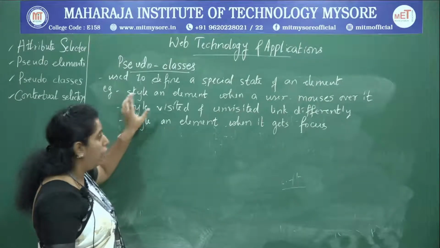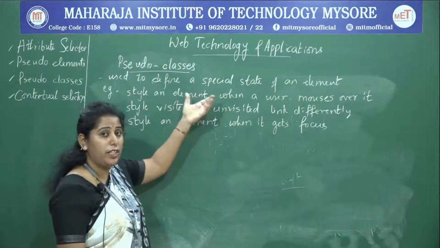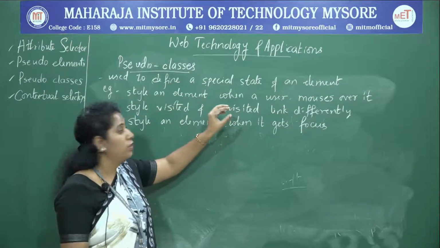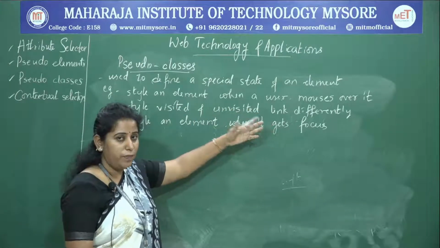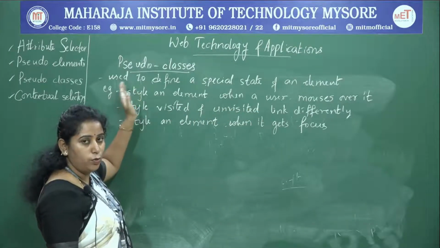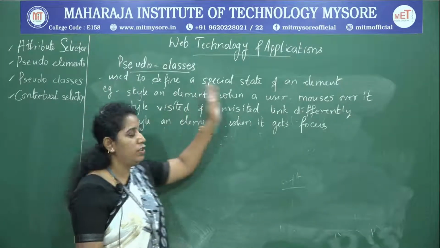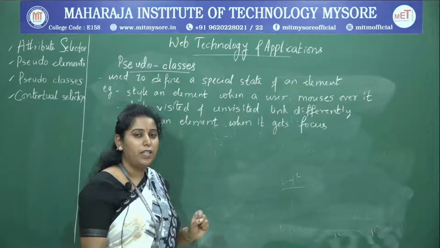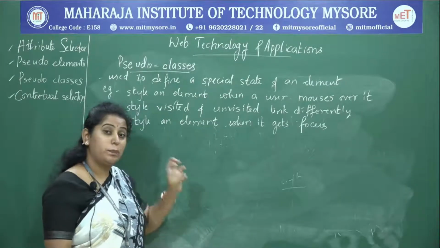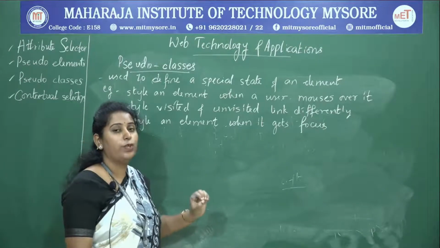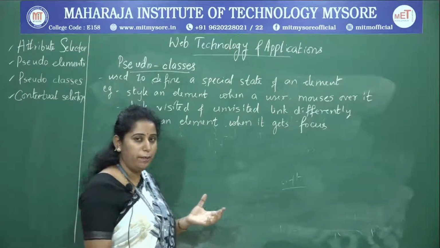Okay. For example, how can you change the special state for an element? Style an element when a user mouses over it. So pseudo classes are used to define a special state of an element. We are not talking about special style, it is speaking of special state. How can you assign a special state for an element?